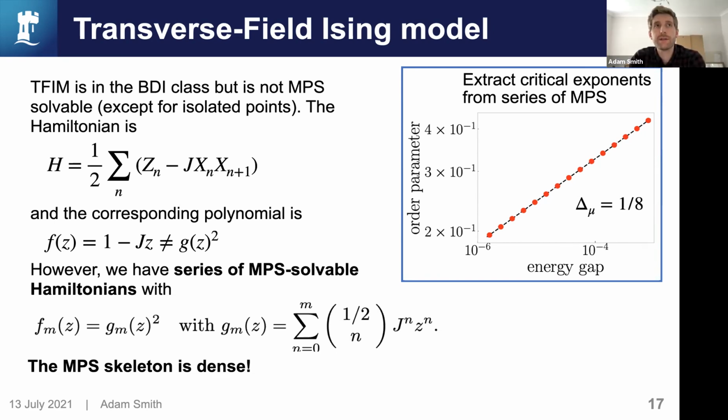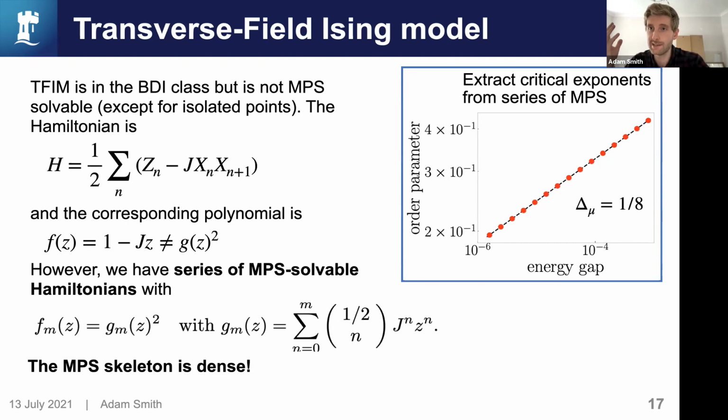I can't think of any at the moment. One caveat, I guess, is we're still living in the free fermion setting. So even though I'm approximating a free fermion solvable model now by these MPS solvable models, I can't think of anything off the top of my head that wouldn't hold. But I think a more interesting question would be, how does this MPS skeleton look in the more general phase diagram of non-integrable models?